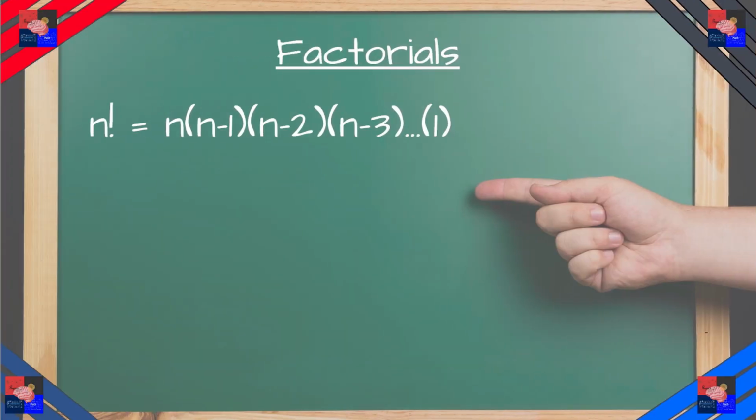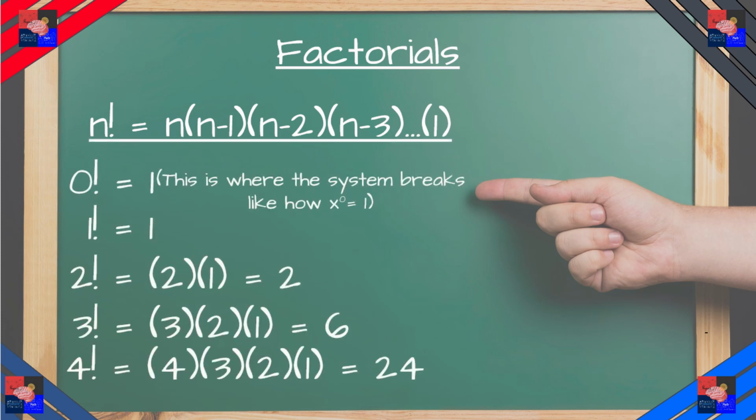So what is a factorial? A factorial is basically multiplying a number by that number minus 1, by another number minus 2, all the way until the multiples go to 1. And here are some of the factorials. 0 factorial is 1. We'll go over that later.